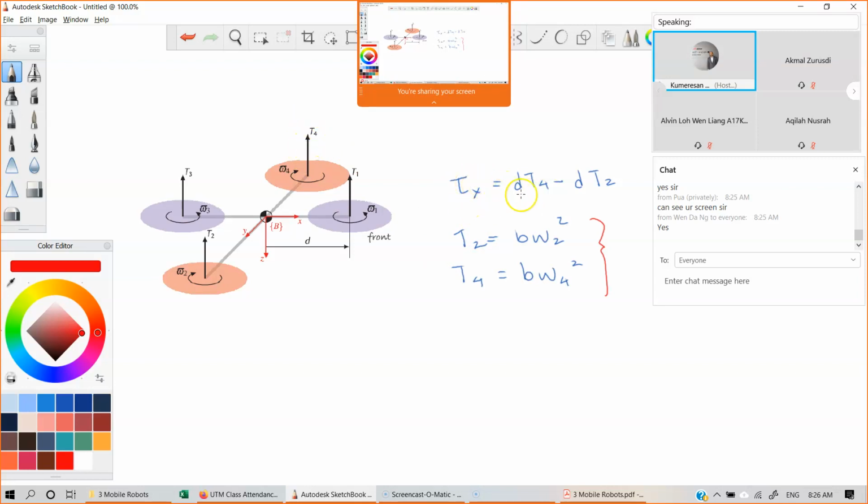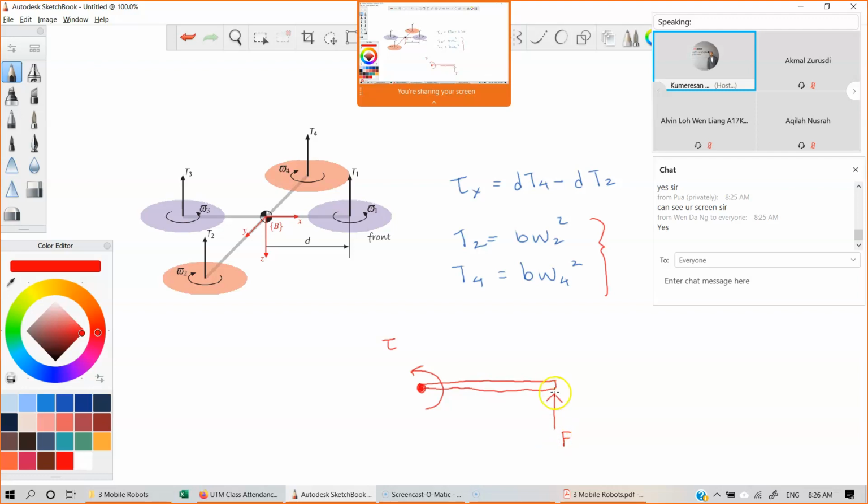Torque or moment. And the equation for moment is, if we have an object like this, what is torque? And let's say this is the fixed point. If you want to compute the torque, tau, you have a force here, right?